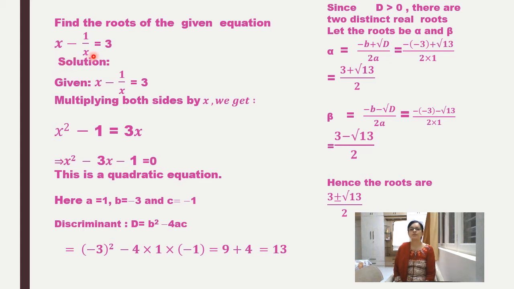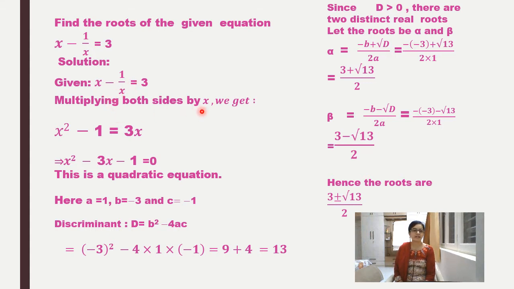Yes, we are going to multiply the whole equation with x. So on multiplying both sides with x, what do we get? Now we'll get the quadratic form. The first term will become x squared. The second term, the denominator x, will get eliminated on multiplying with x. So what will be remaining? It will be minus 1.